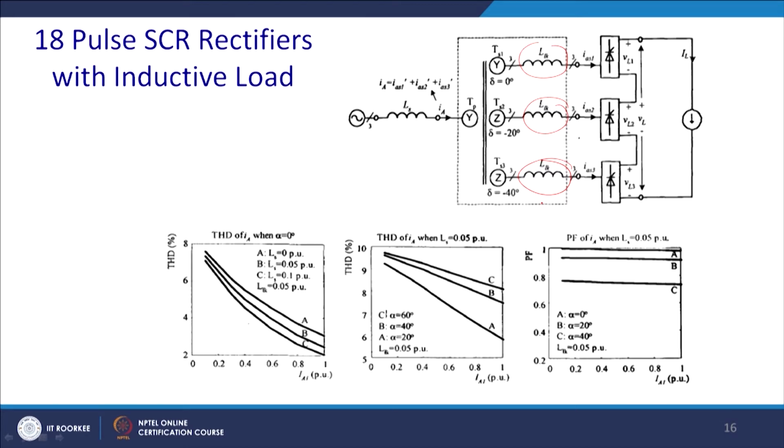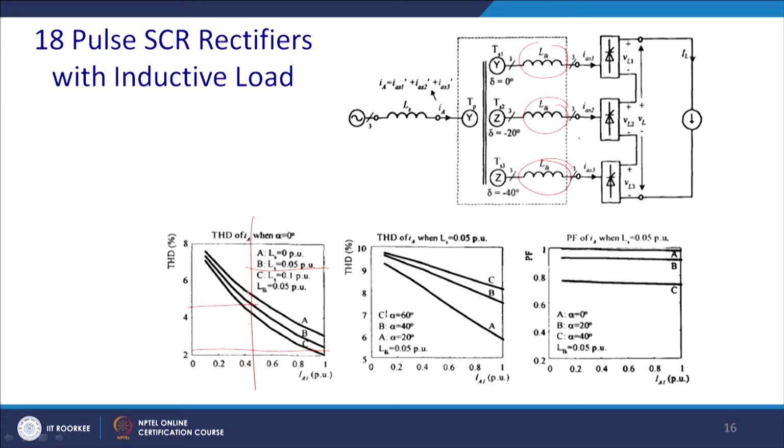So in this case, let us take the entity B with Ls. You will find that the THD for B at full load is close to 2.5, 2.3, and for half of the load you can get close to 4%.